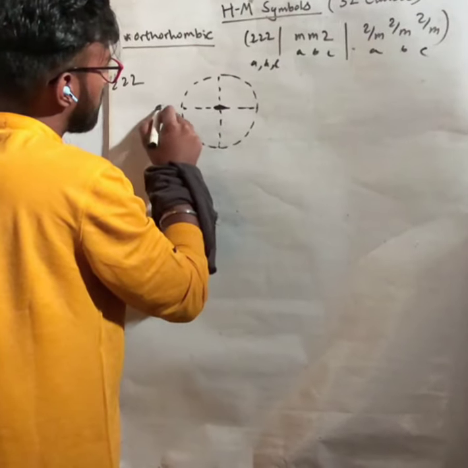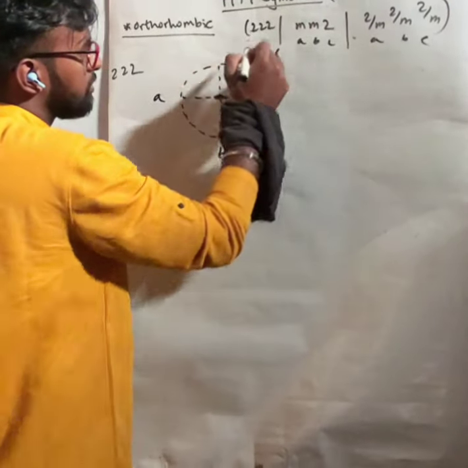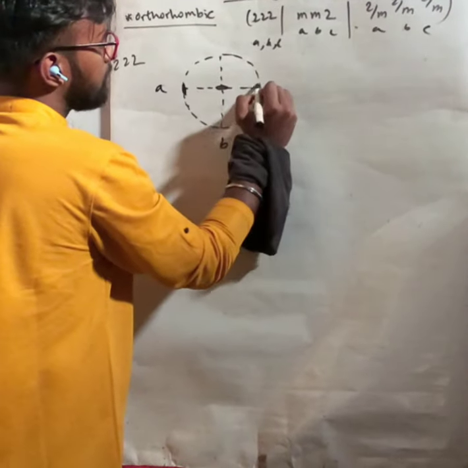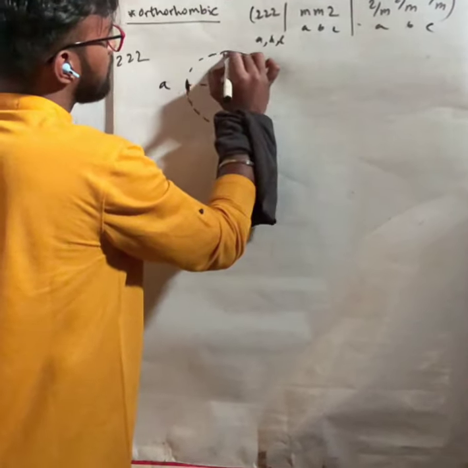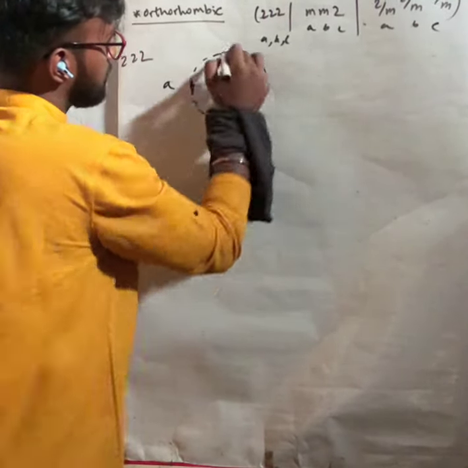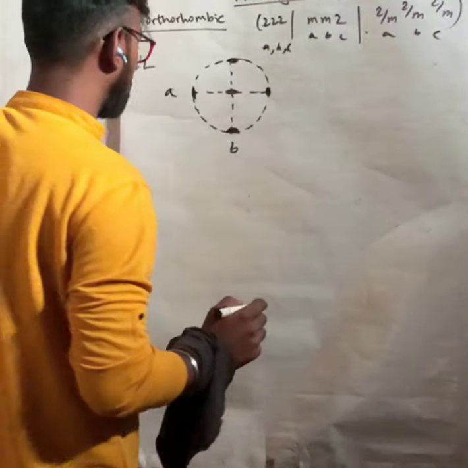If you denote these as A and B, A is also two-fold symmetry, B is also two-fold symmetry.